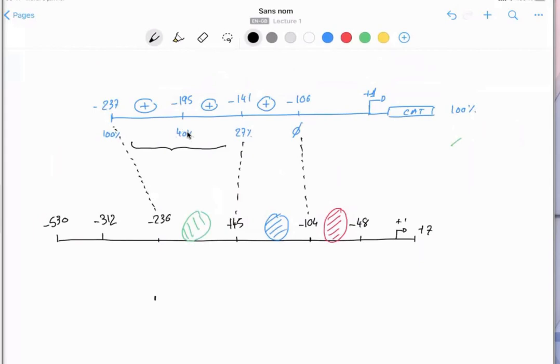So we can say that the sequence between 236 and something like 150 is the sequence needed in order to have a strong activity.